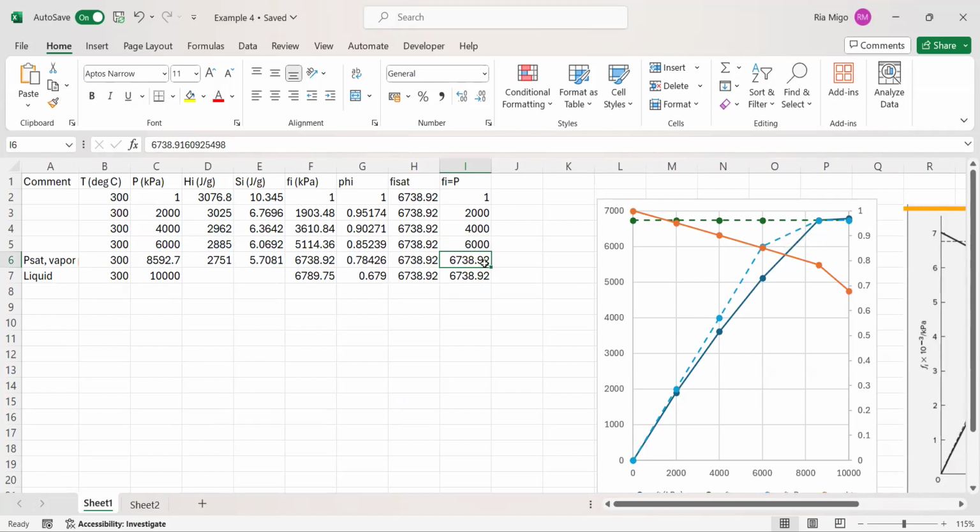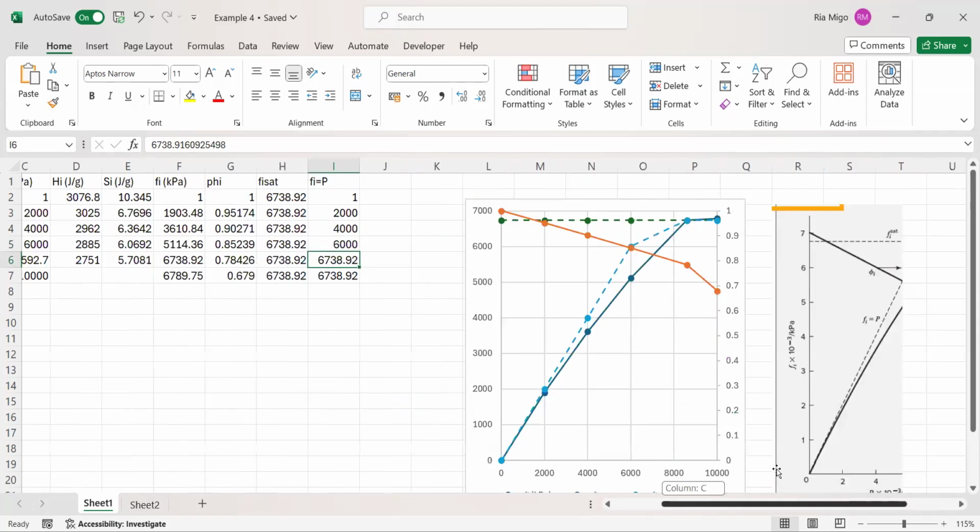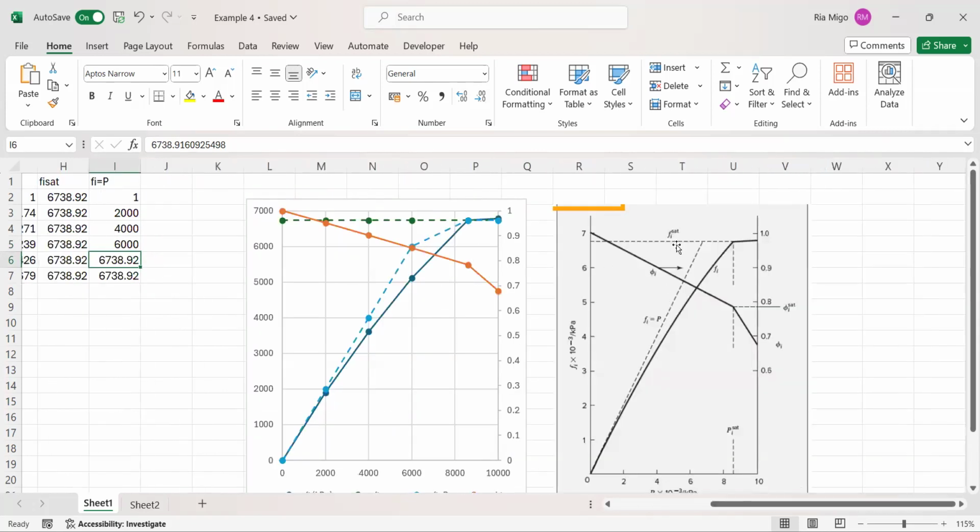Just do it yourself. Insert a pressure here after 6,000. The pressure is phi sat, which is 6738.92. You need to interpolate for the H and S, and then calculate for the phi and for the fugacity and phi. You'll see that it will look like something similar to this graph right here, the dashed line.